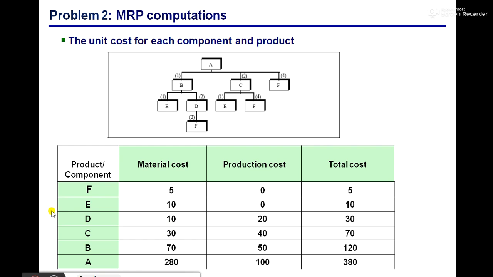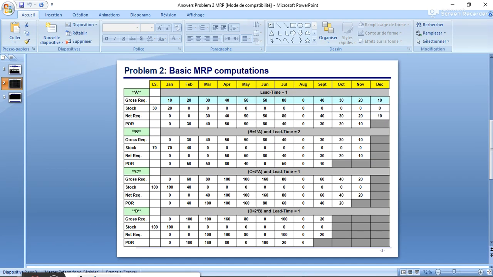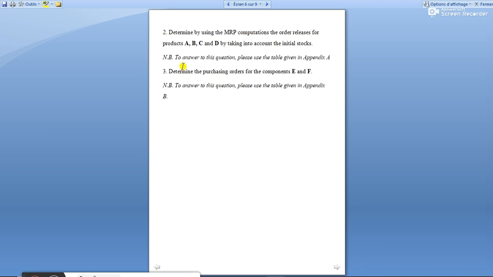Okay, now we go to question 2. It says, determine by using the MRP computations the order releases for products A, B, C, and D by taking into account the initial stocks.